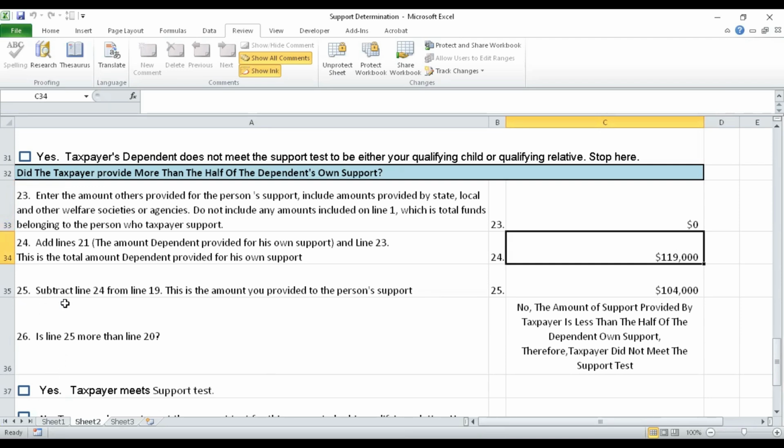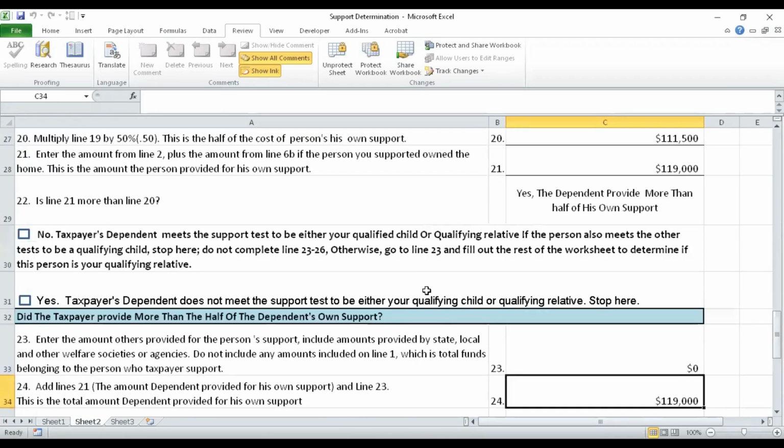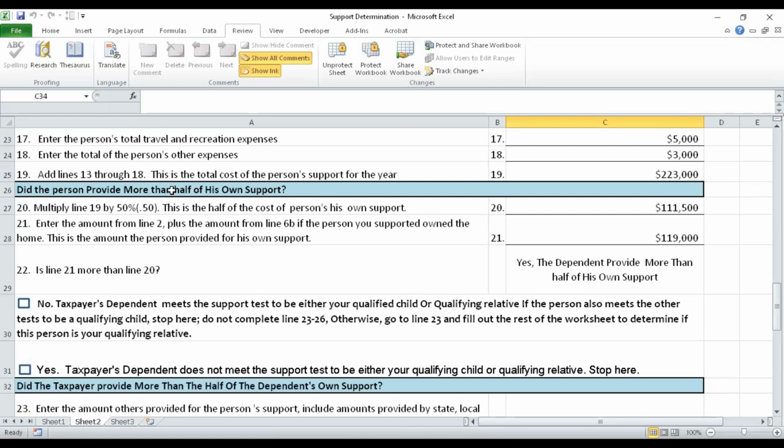On line 25, subtract line 24 from line 19. We subtract the total amount dependent provided for his own support from the total expenses incurred by father, which is 223,000.